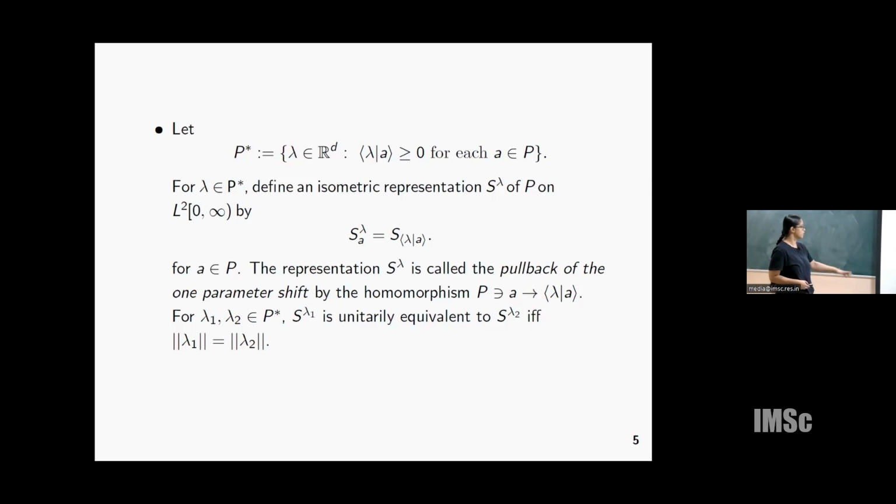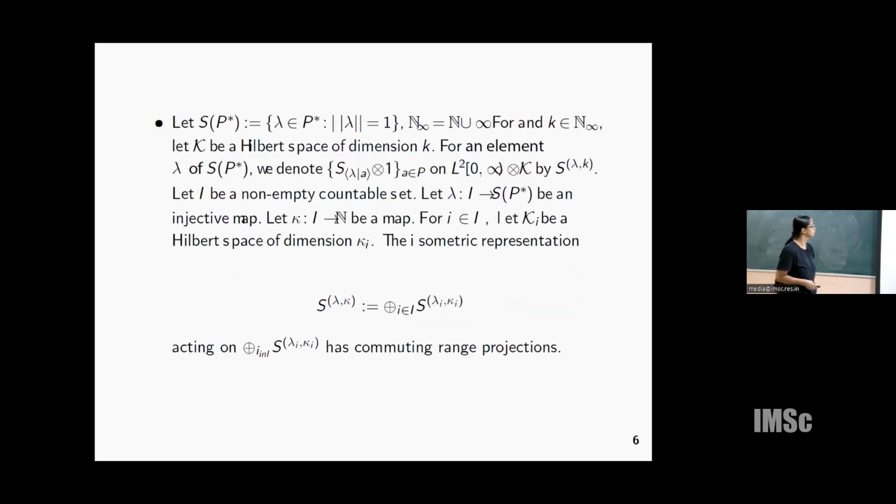This is called the pullback of the one parameter shift by the homomorphism a going to inner product of lambda and a, and two such representations are unitarily equivalent if and only if the norms of lambda 1 and lambda 2 are equal.